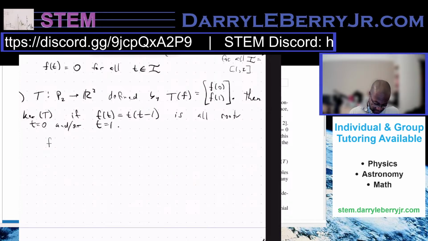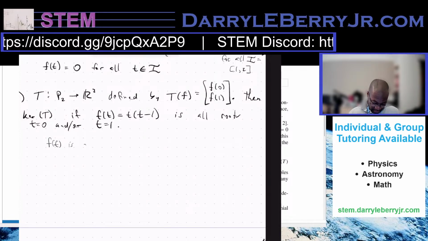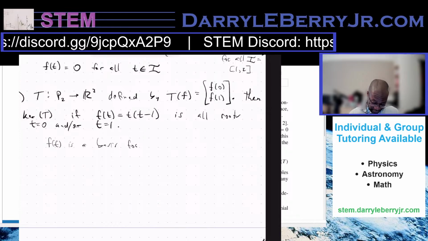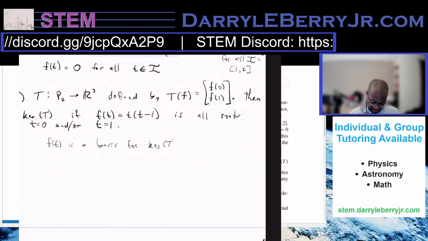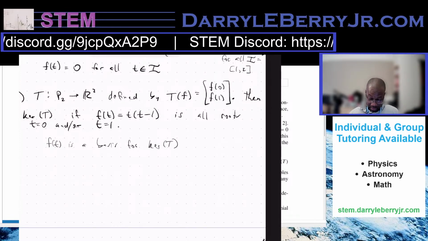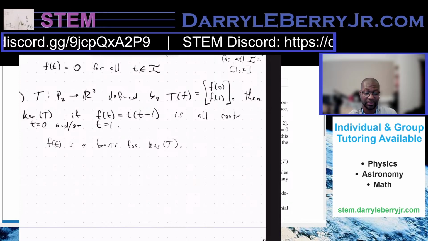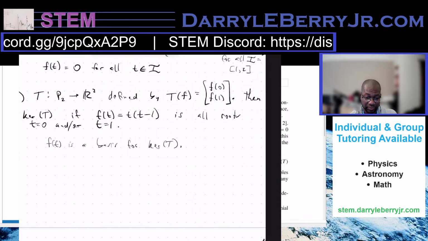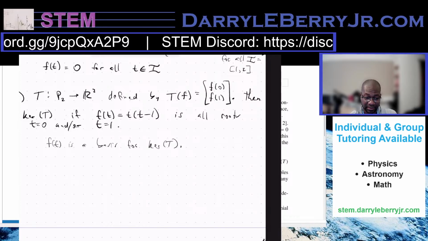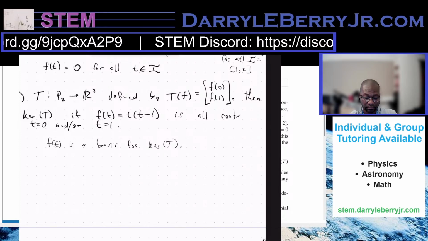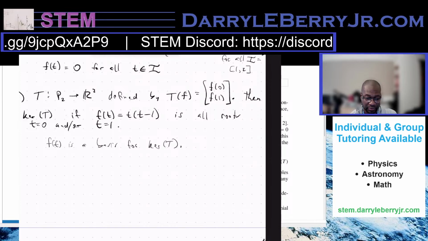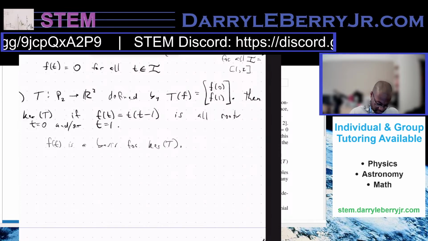So f(t) is a basis for the kernel of T. On the other hand, given any (a, b) in R2, we can set f(t) equals a plus (b minus a)t, and T f equals (a, b).